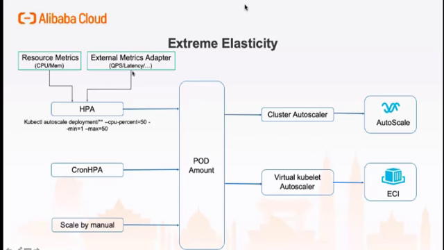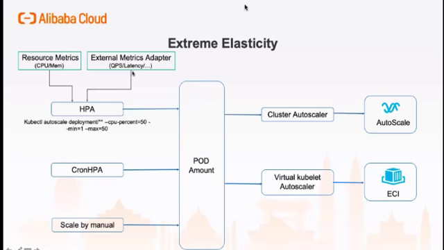Okay, I will show you what this is later in the demo. For the HPA, it's very easy to enable it. Just run this command or do something on the console.